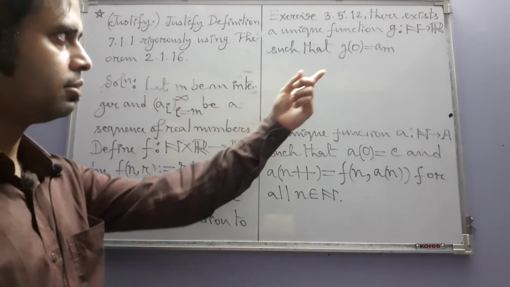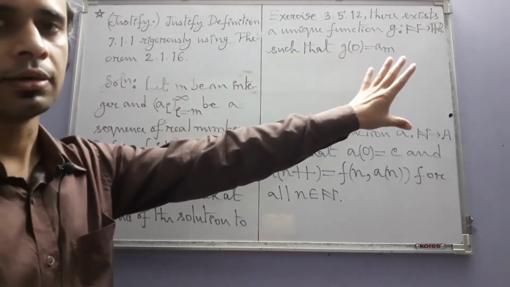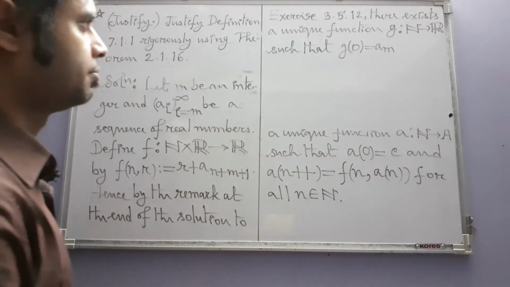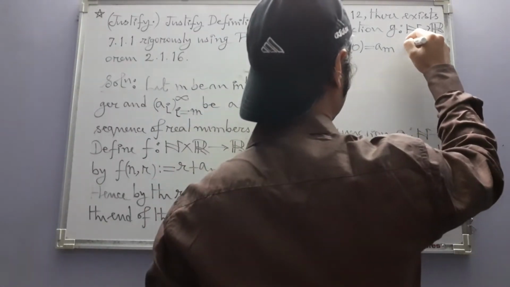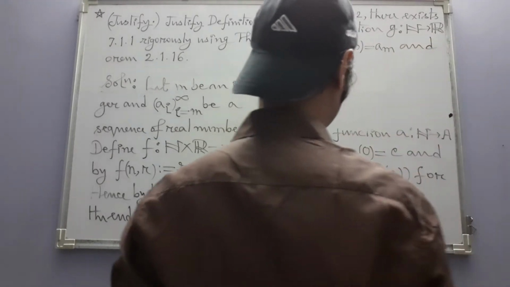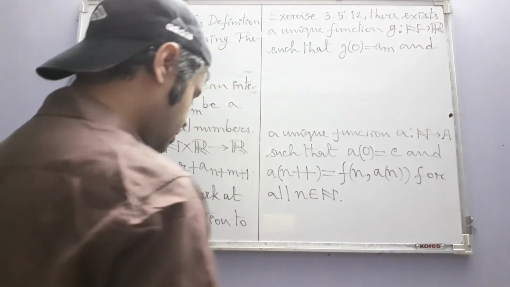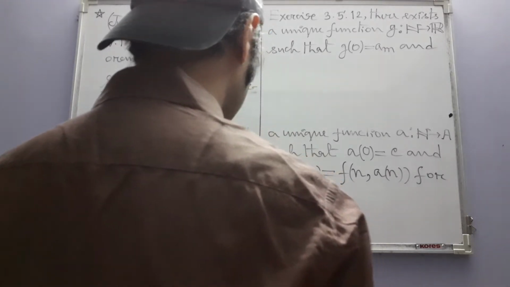So I am choosing this C from R, which plays the role of capital A, and these recursive relations are true, and they translate into this.